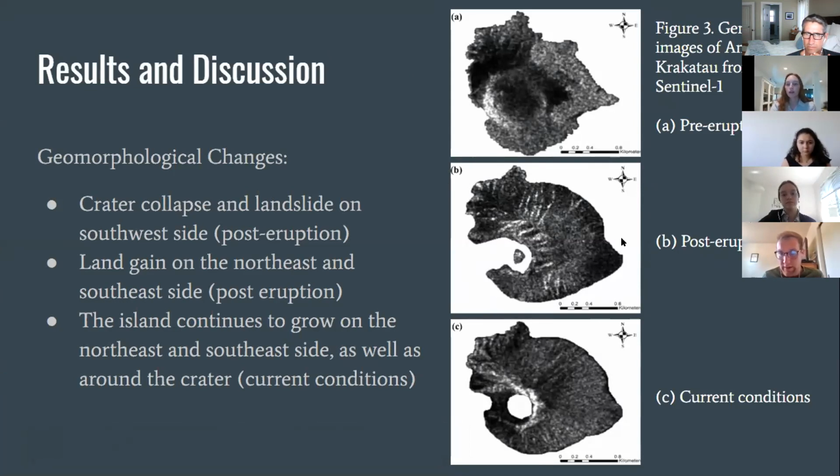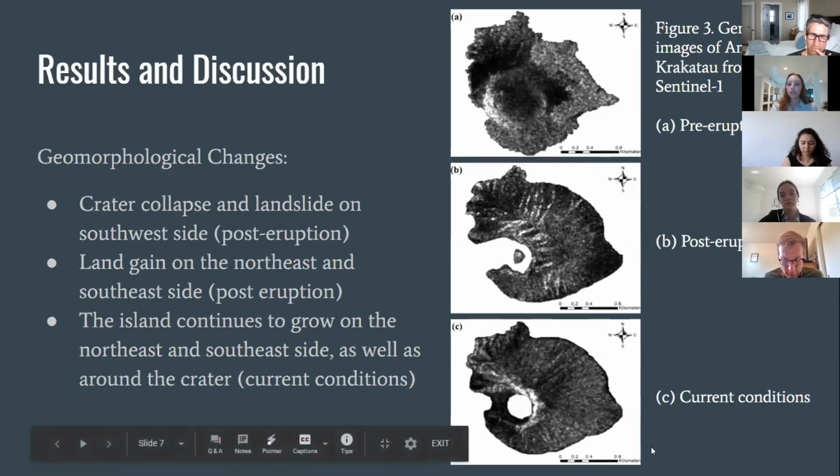Then you can see here on the northeast and southeast side, there is some land gain compared to image 3A, which is pre-eruption. And then down in 3C, for current conditions, there is still some land gain on the northeast and southeast side, as well as around the volcanic crater. Those were the major geomorphological changes.